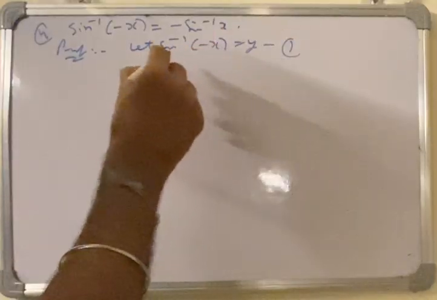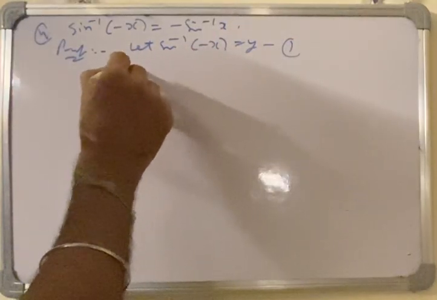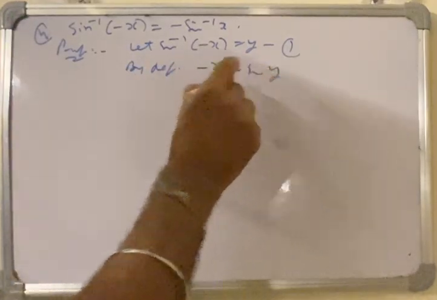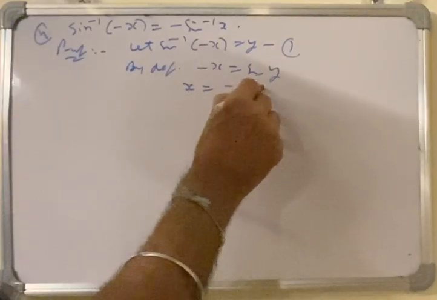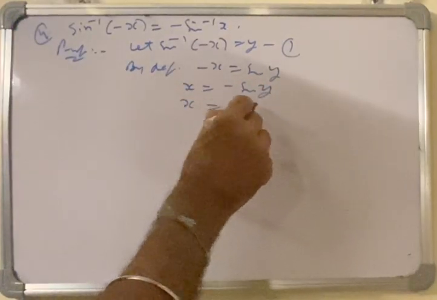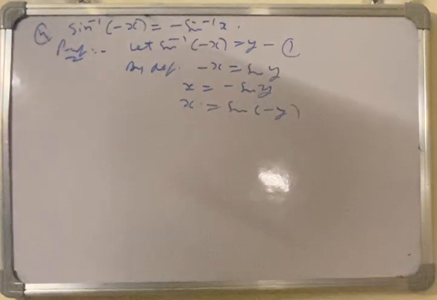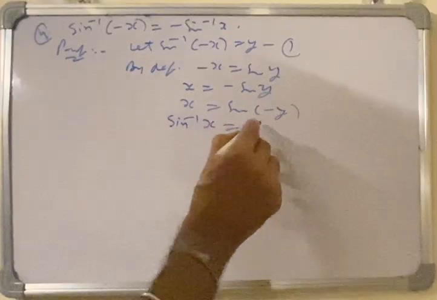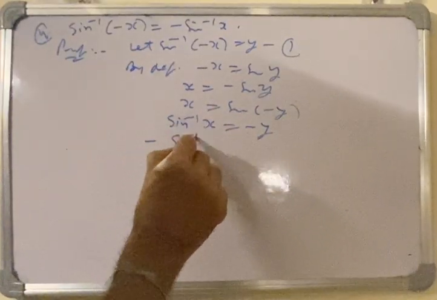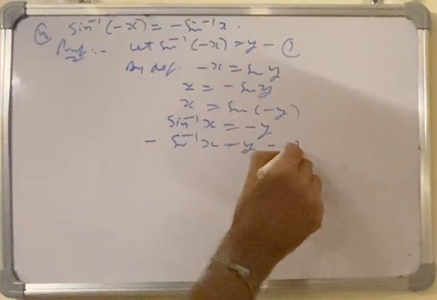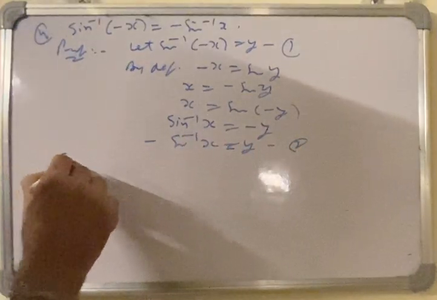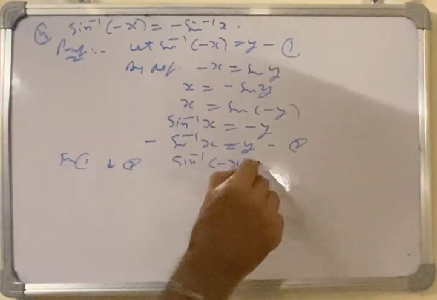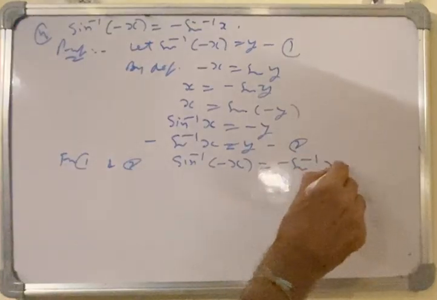This is number 1. By definition, minus x is sine y, x is equal to minus sine y, x is sine minus y. By definition again, sine inverse x is equal to minus y, minus sine inverse x is equal to y. This is number 2. From first and second, sine inverse minus x is equal to minus sine inverse x.